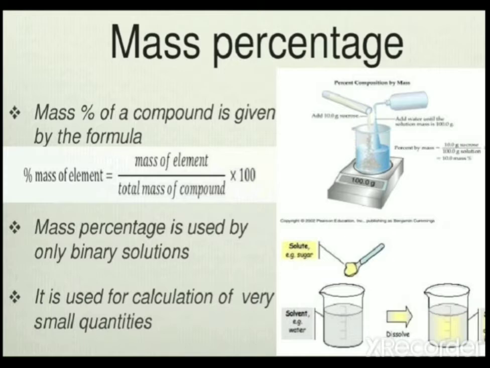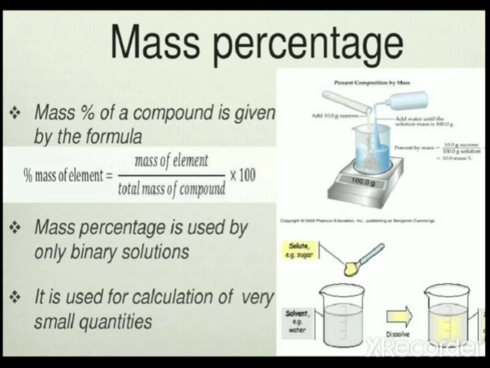Next, mass percentage. Mass percentage is also called mass percent. It is obtained by using the following relationship. The percentage of any element is equal to the mass of the element divided by the total mass of the compound, times 100.